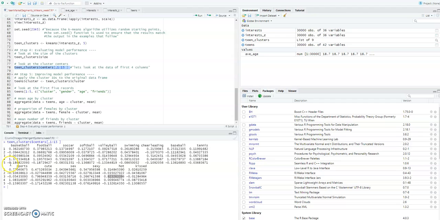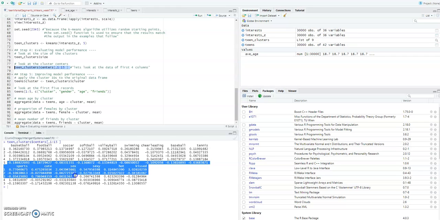Interestingly, if you look at cluster 5, you'll see that most of the values for cluster 5 are negative. And if you remember, this is also the cluster which has the highest number of data points. Remember, we had around 21,500 data points for cluster 5. So the reason for the negative values is quite interesting.